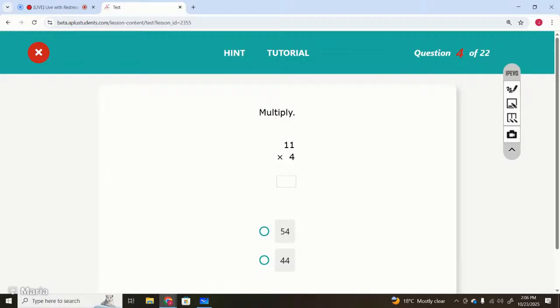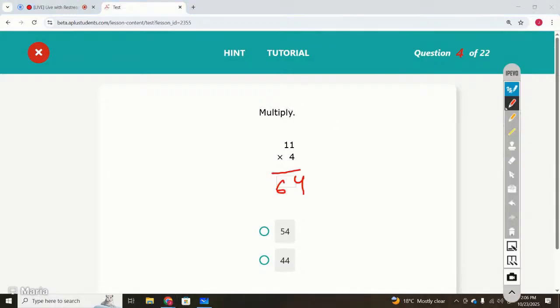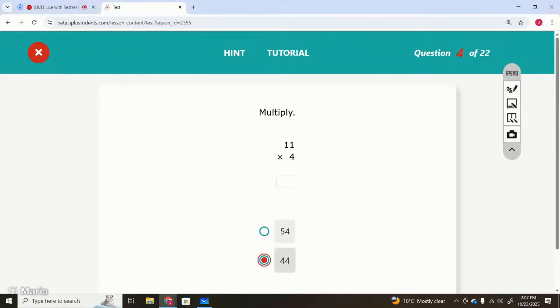11 times 4. So start multiplying the ones. 4 times 1 makes 4 and 4 times 1 makes 4. 44 it is. The correct option is 44. Option number 2 is the correct option. 10 times 5.